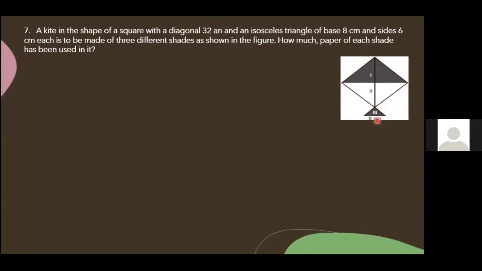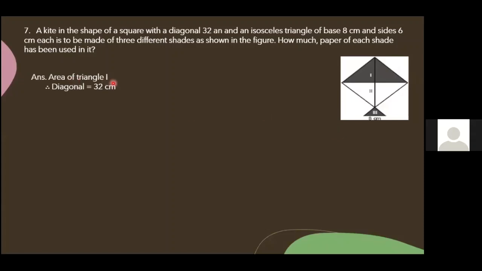Am I clear, children? Here 3 different shades as shown in the figure, 1, 2 and 3. How much paper of each shade has been used in it? Here we need to find out how much paper we have used to make this kite. Am I clear, children? Yes, ma'am.